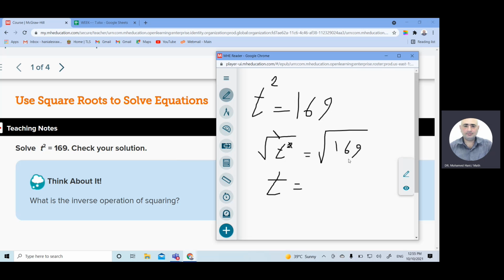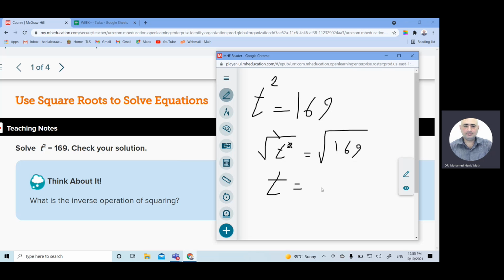Who can tell me now what number multiplied by itself equals 169? 14 maybe? Nearest, less than that: 13. So 13 times 13 will be 169.